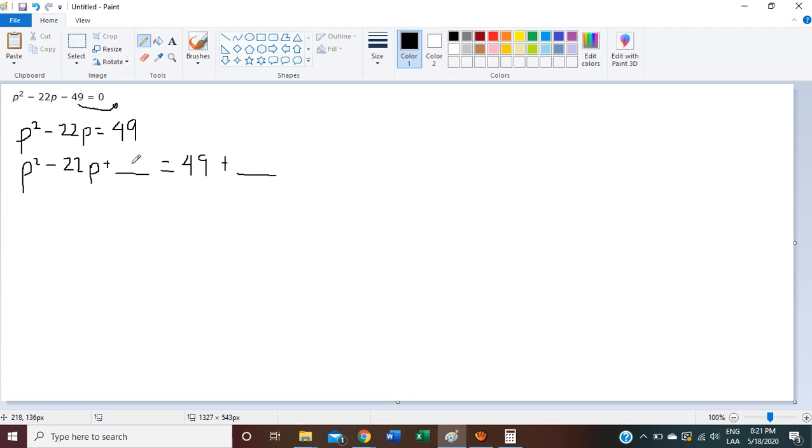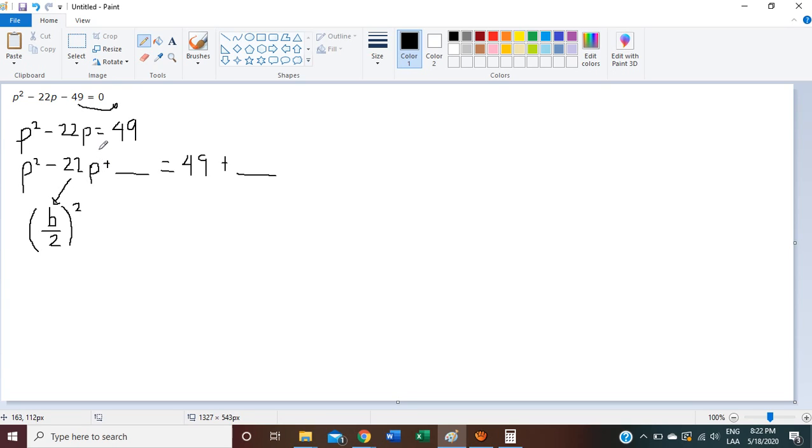Okay, the number that is missing here is the same number that is missing here. So how do we find out what number we are going to write? We're going to find out by using this formula, which is b divided by 2, all of it raised to the power of 2. This b is going to be the number that is with our variable that is not squared.